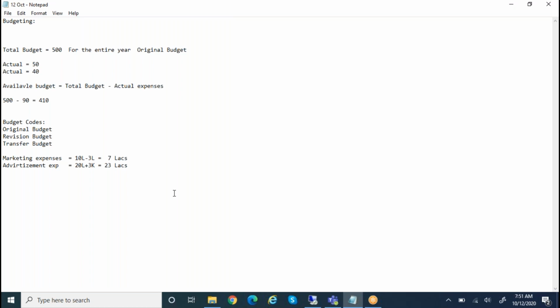Total budget is 2.5 crores, the same 2.5 crores only. You are increasing one budget and decreasing another, adjusting internally. That is transfer budget. Understood? Any doubt here?